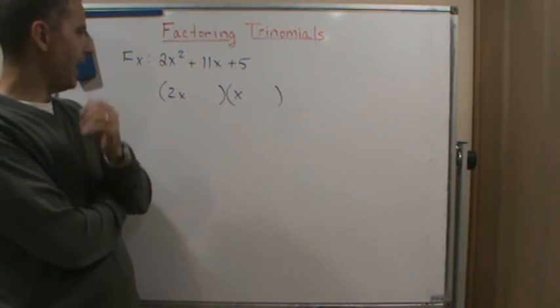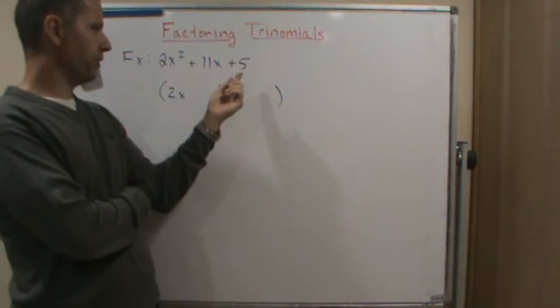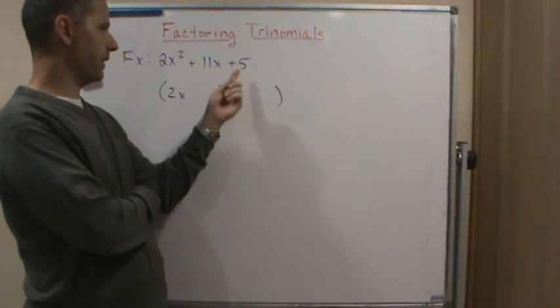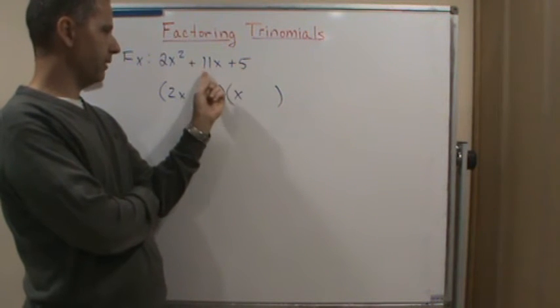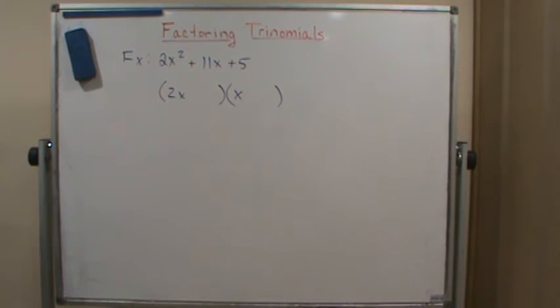Okay, so I need two factors that multiply to 5, but that will give me an 11 in the middle.